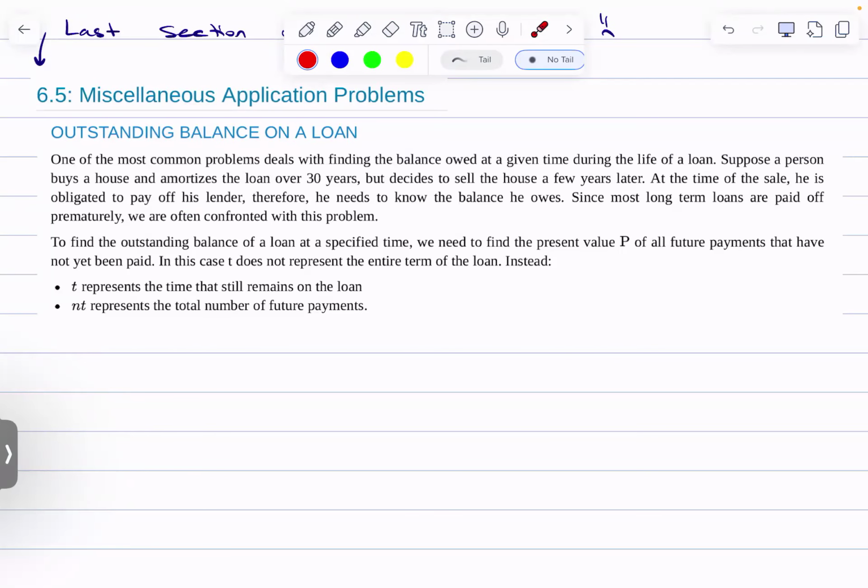Usually from the sale of the house, they take that money and pay off that loan. To find the outstanding balance of a loan, we need to find the present value, P, of all the future payments that haven't been paid yet.